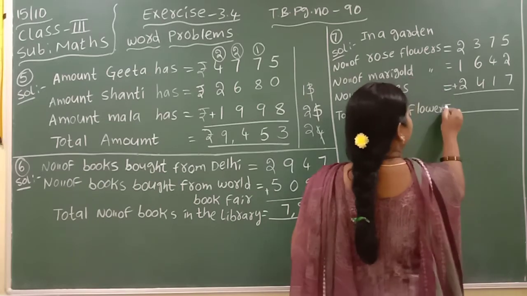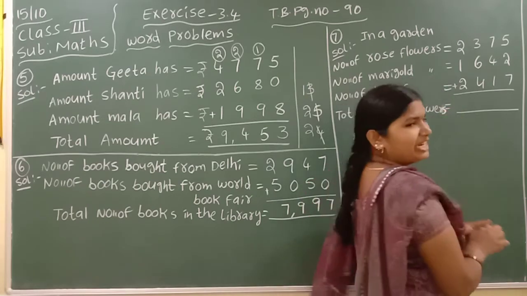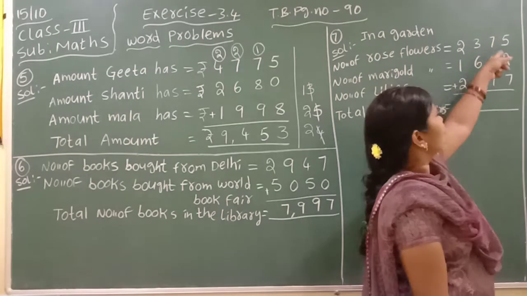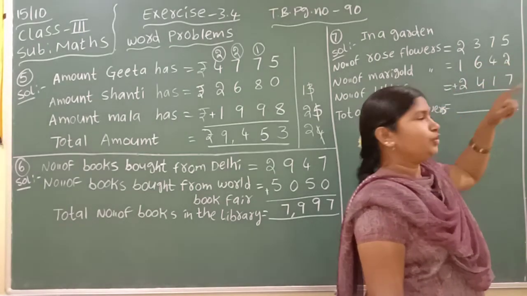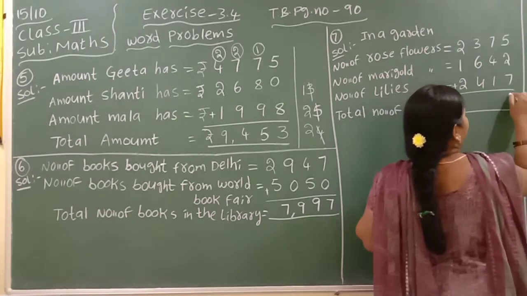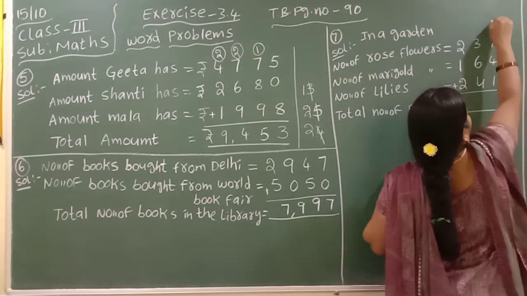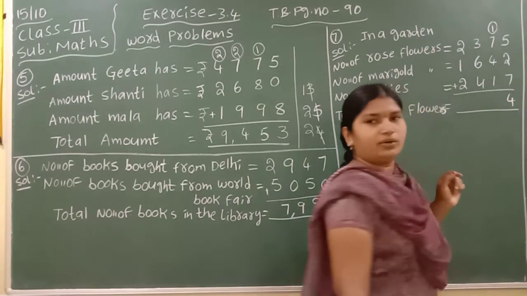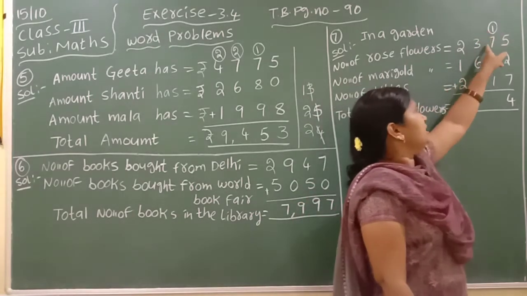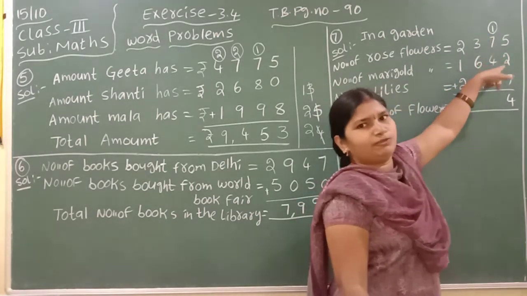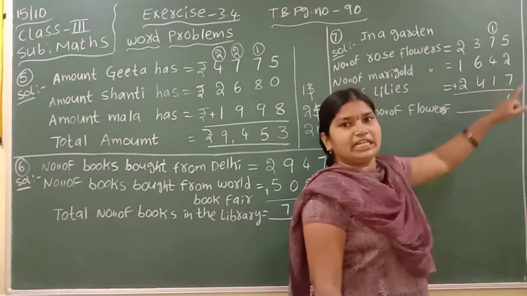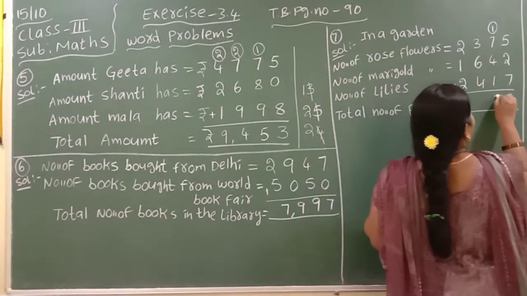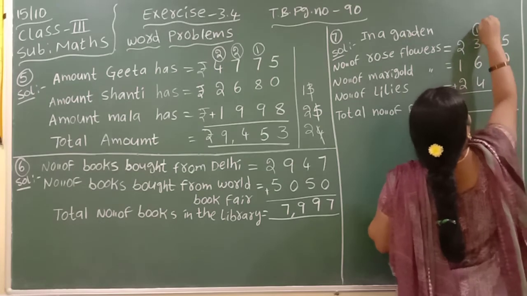Okay. First you have to add the ones place. 5 plus 2, 7. 7 plus 7, 14. 14 means 4 here, 1 in the carrying box. Okay. Next 7 plus 1, 8. 8 plus 4, 12. 12 plus 1, 13. 3 here, 1 here.